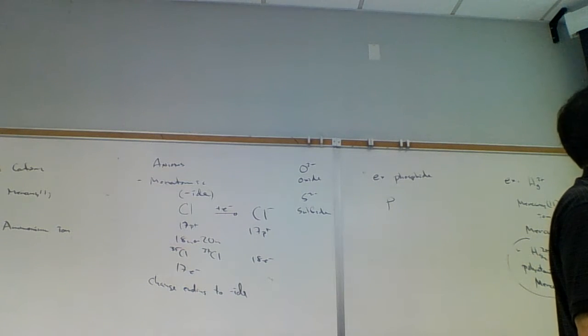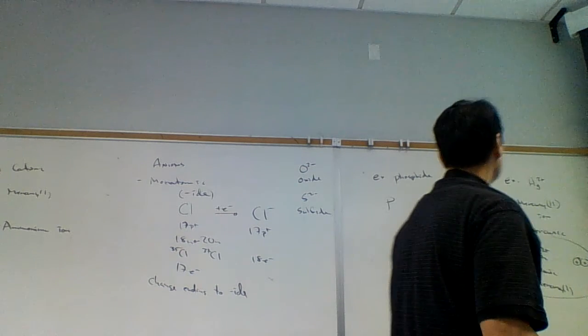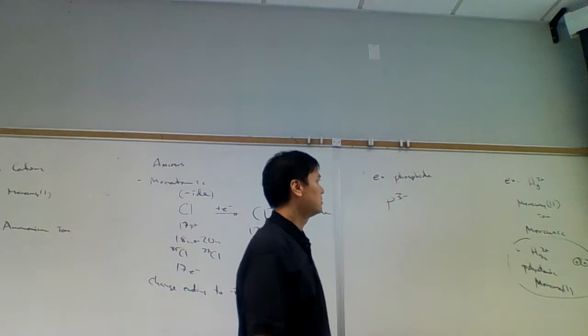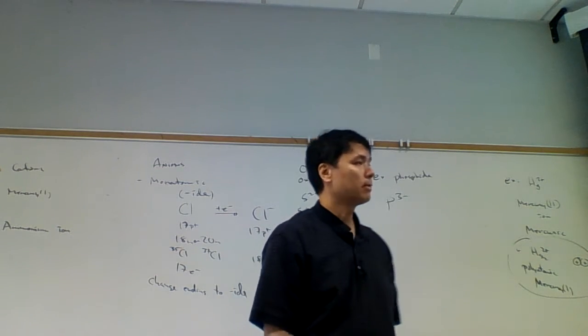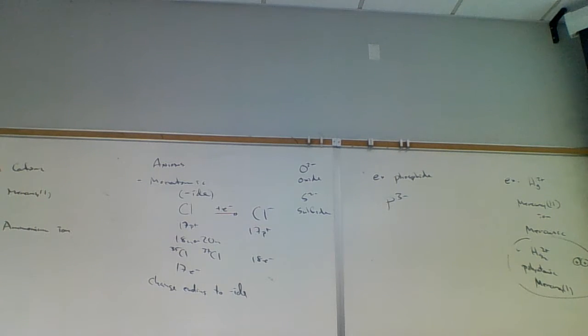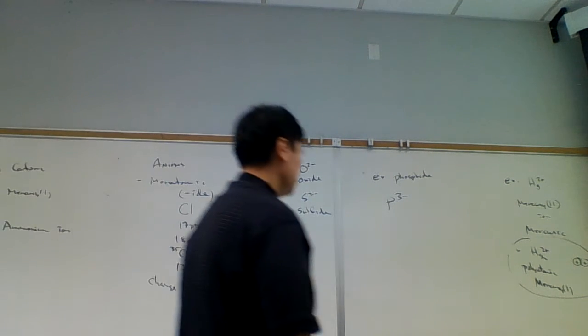It's going to be P3- because phosphorus has 15 electrons, and there's something special about having 18 electrons. What's special about that, we'll talk about later, but this is a pattern that we see. This is phosphide, P3-. Now we have polyatomic, of course, anions.